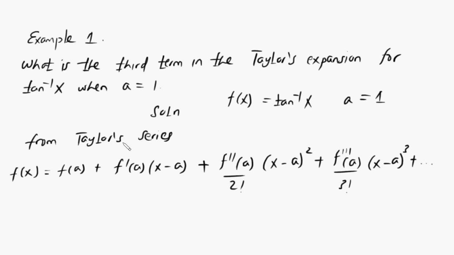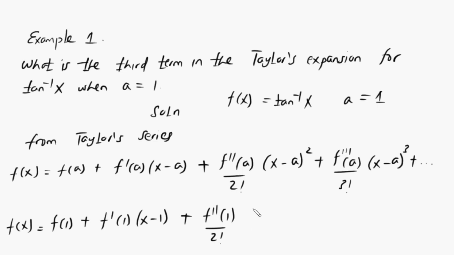So this is the Taylor series, but since our a is 1, it will be f(1) plus the first derivative of f(1) times (x minus 1) plus the second derivative of f(1) over 2 factorial, since we put a as 1, times (x minus 1) squared, and so on. It's saying we should look for the third term. So this one is our first term, this one is our second term, and this one is our third term. So we are looking for this.